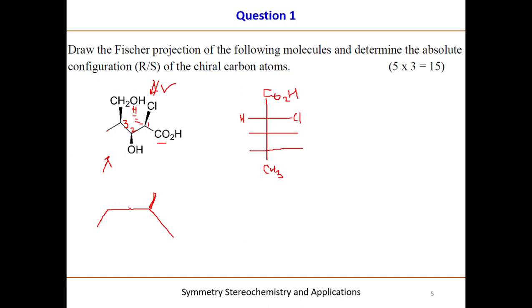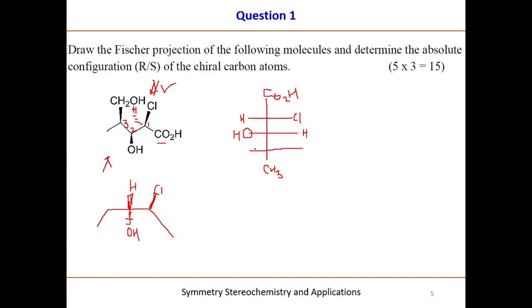So this is the second carbon, and I am writing here that the hydroxy group will go below the plane because it's on the front side in the original molecule. After rotation it will go to the back side, correct? Then hydrogen and chlorine are on the same side. That means we have to write hydrogen on the chlorine side and the hydroxy group on the back side.